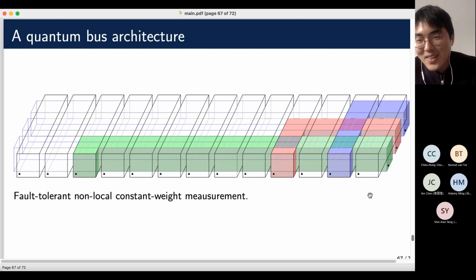And then they are positioned locally, so we can easily perform the measurement. And after this constant weight measurement, we teleport them back, so those qubits are teleported back to the original position.